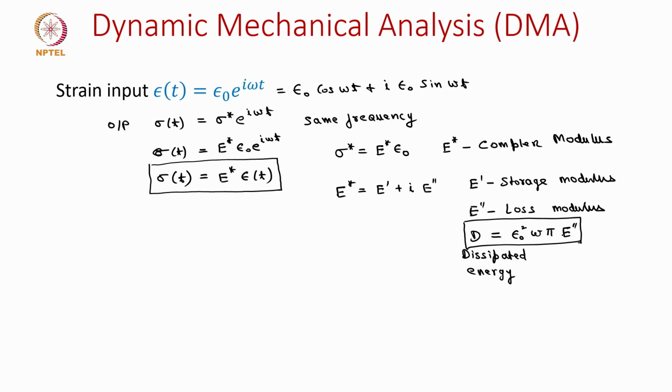Okay. So, now let us substitute this formula into this expression of output stress. So, it will be sigma star equals E star, that is E dash plus i E double dash, times epsilon naught e power i omega t.